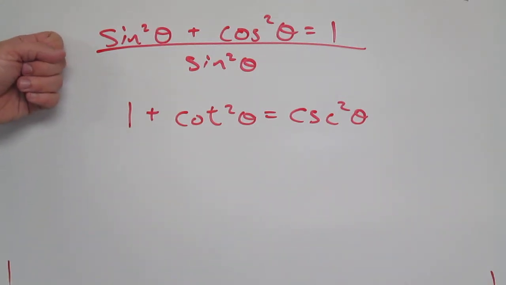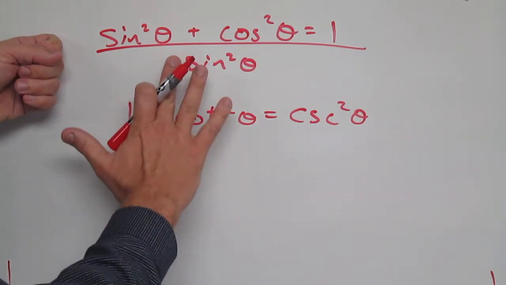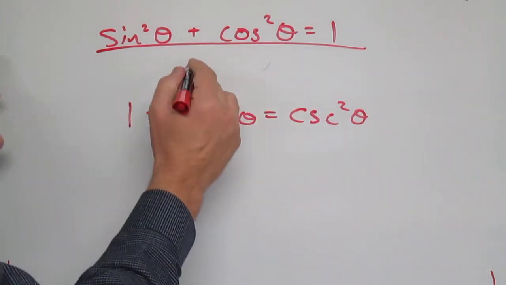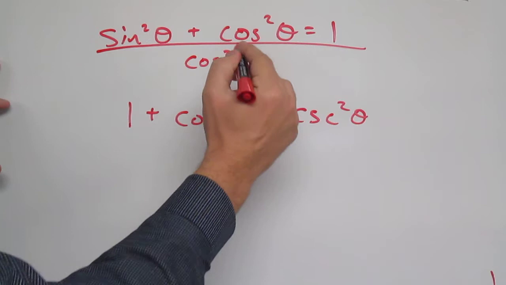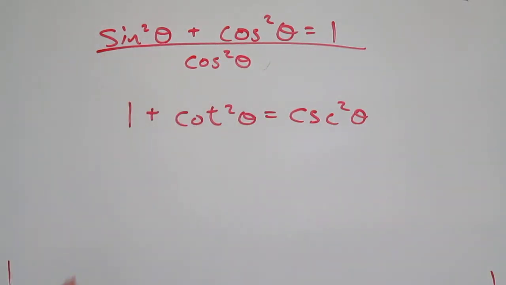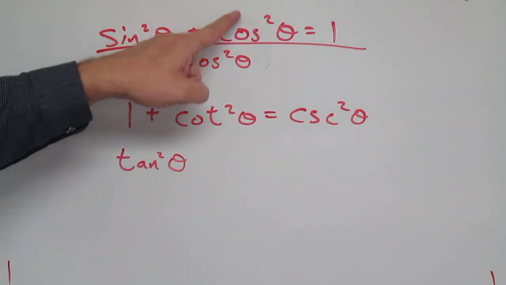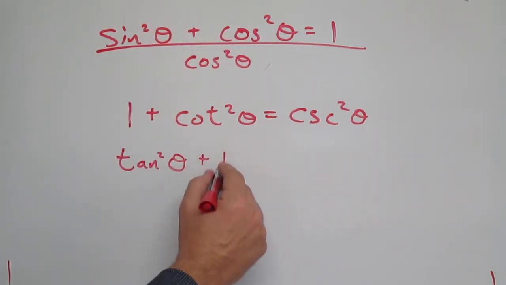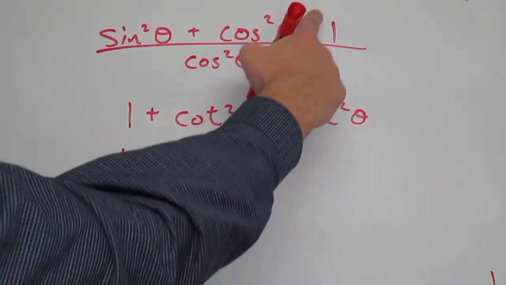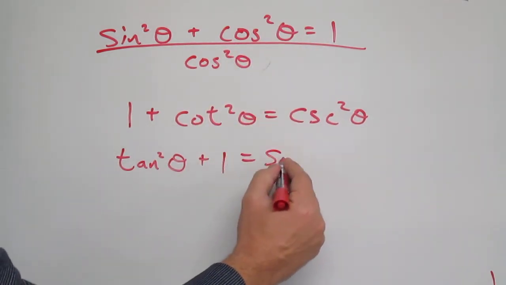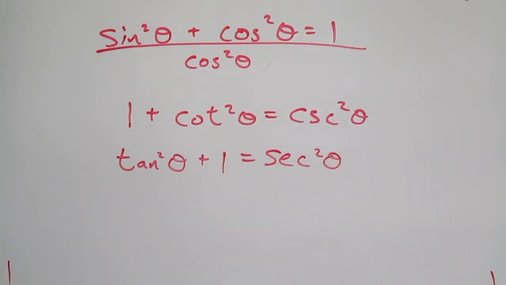At the same time, what if I went through and I divided everything here by cosine squared? Sine squared divided by cosine squared would be tangent squared. Cosine squared divided by cosine squared would be 1. And 1 divided by cosine squared is equal to secant squared.